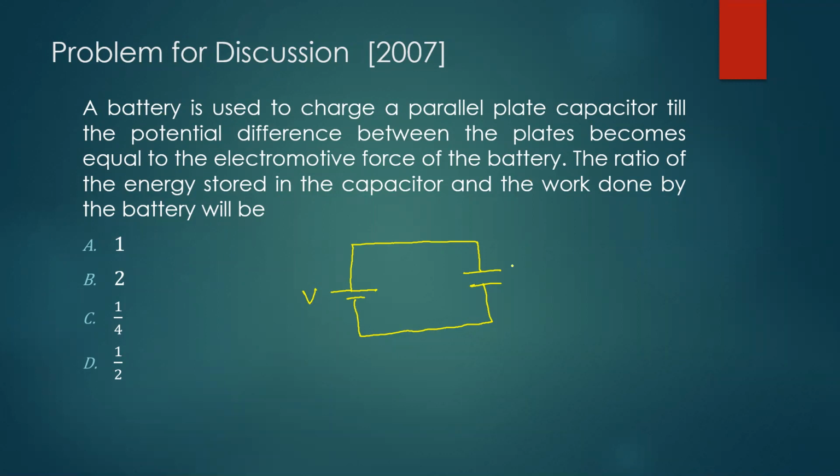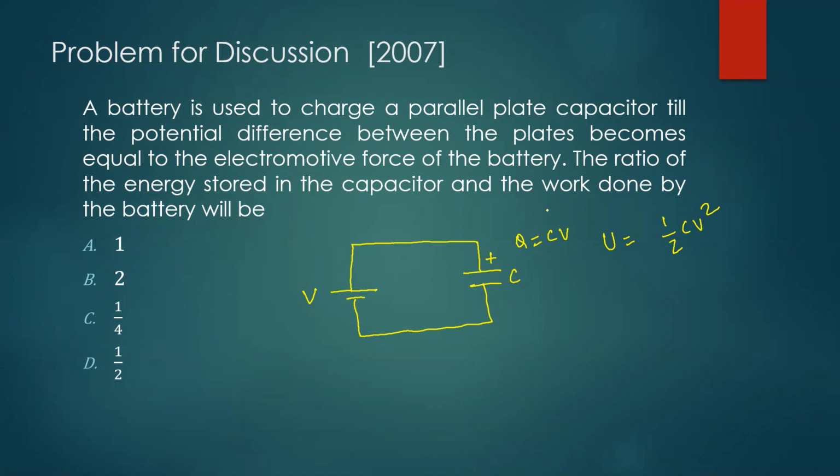If C is the capacitance, the charge that you will get is CV, and the energy stored in the capacitor is half CV square. But the battery, for 1 coulomb, does V joules of work.